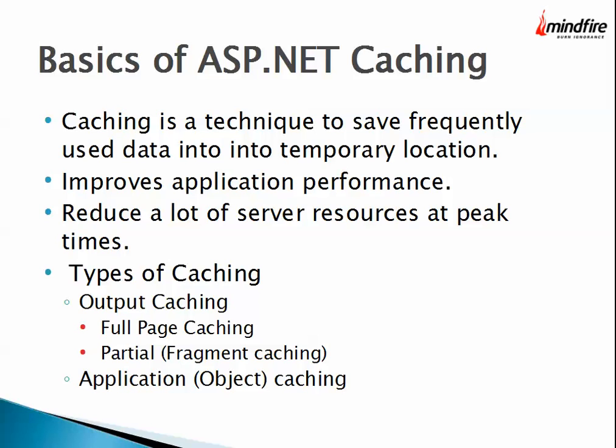Full page caching is where the whole page content will be cached in memory or some temporary location, and partial is where some part of the page will be saved in memory. The other thing is application or object caching. If you have created some object and it is taking much more time, you can save that object to memory.